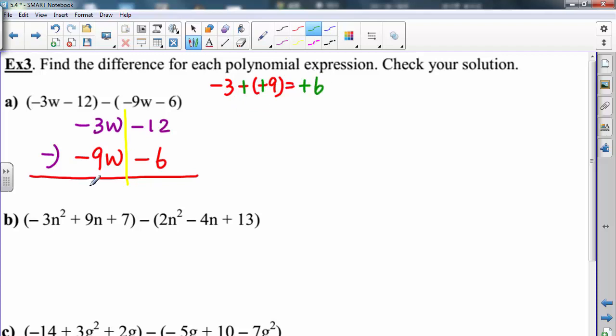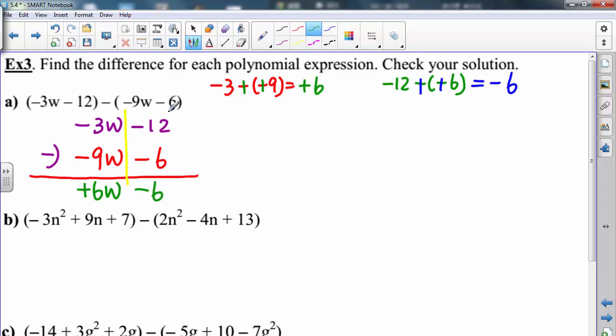So this one is positive 6w. The second one is negative 12 minus negative 6. Change this minus to plus, opposite to the second number. Negative 12 plus positive 6. This one is negative 6.